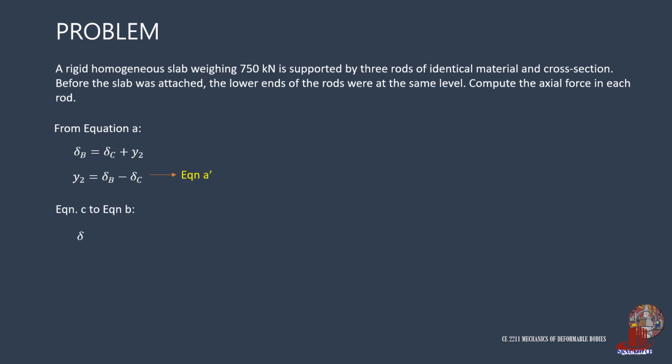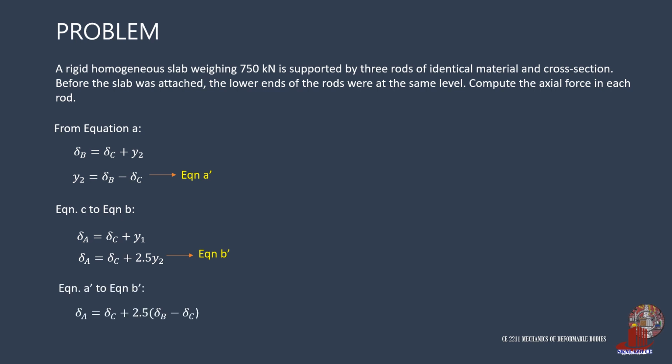We also use equation C into equation B, so deformation of A becomes deformation of C plus 2.5 of y sub 2. This is equation B prime. Combine equations A prime and B prime.